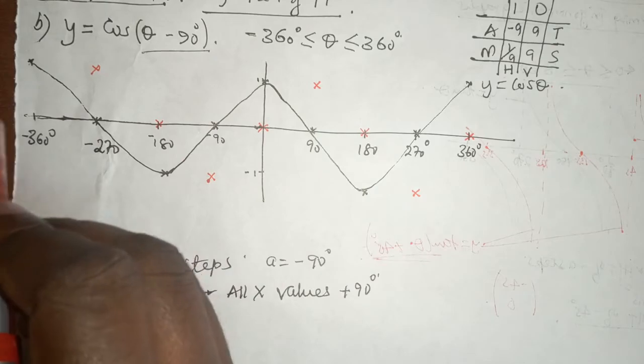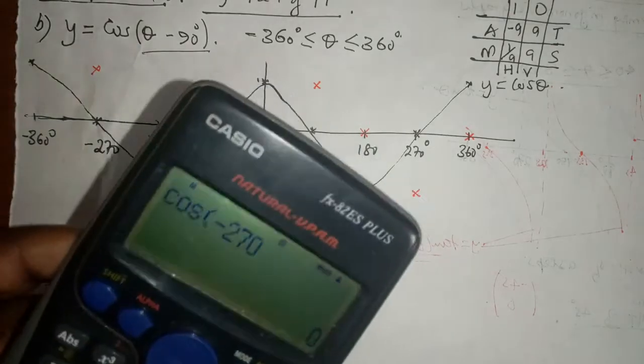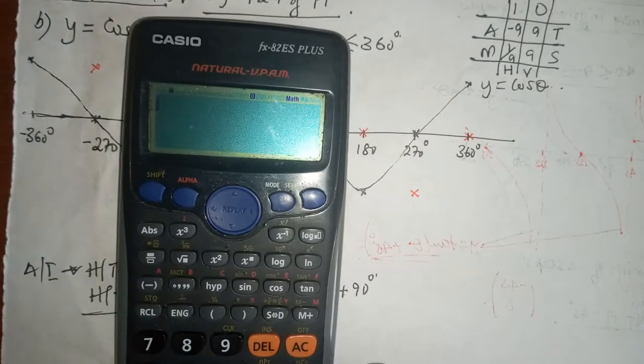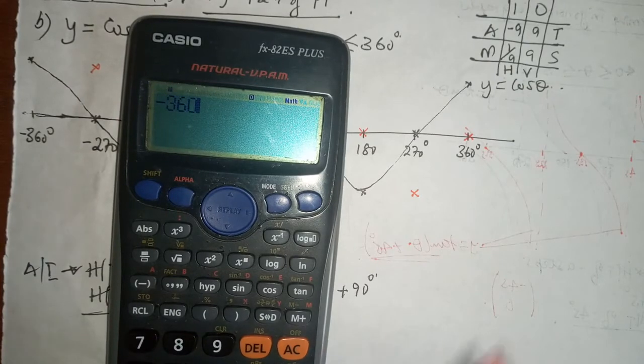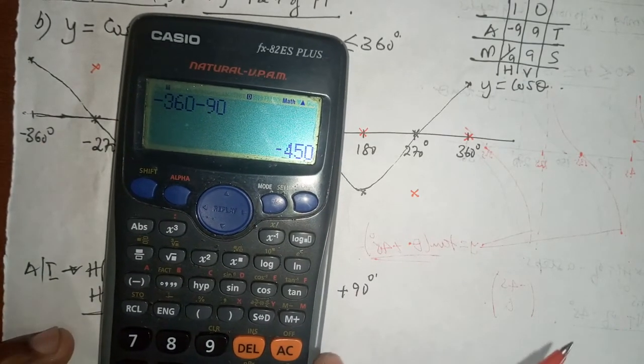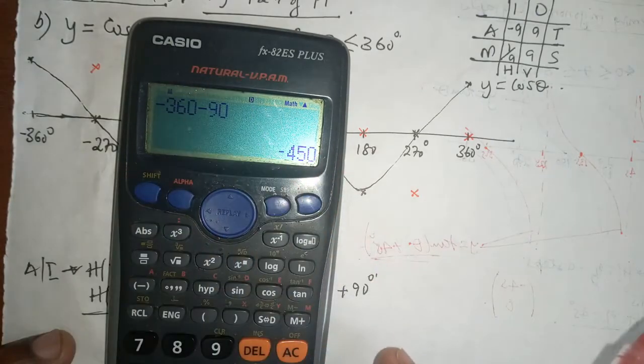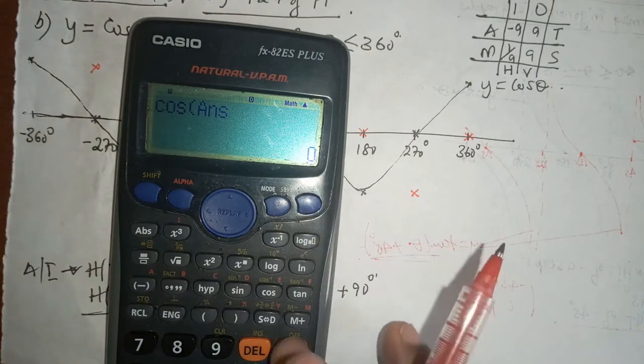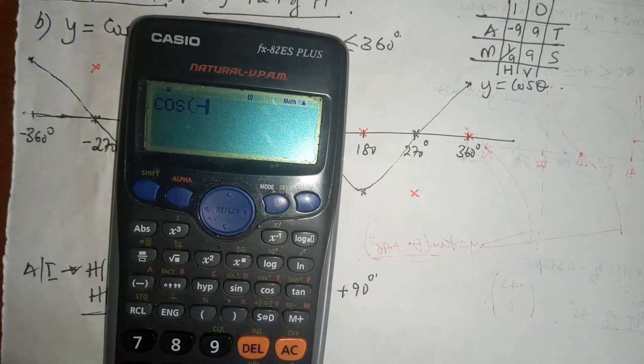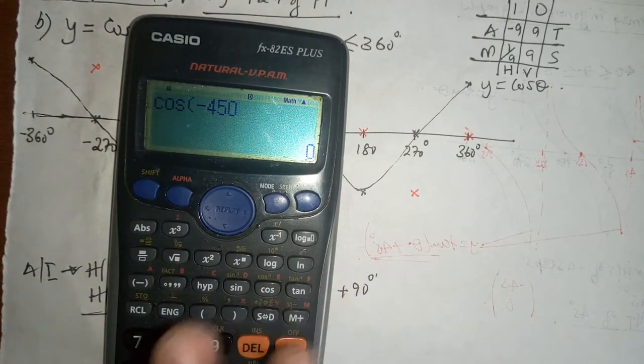The cosine of negative 450 degrees is supposed to be 0.